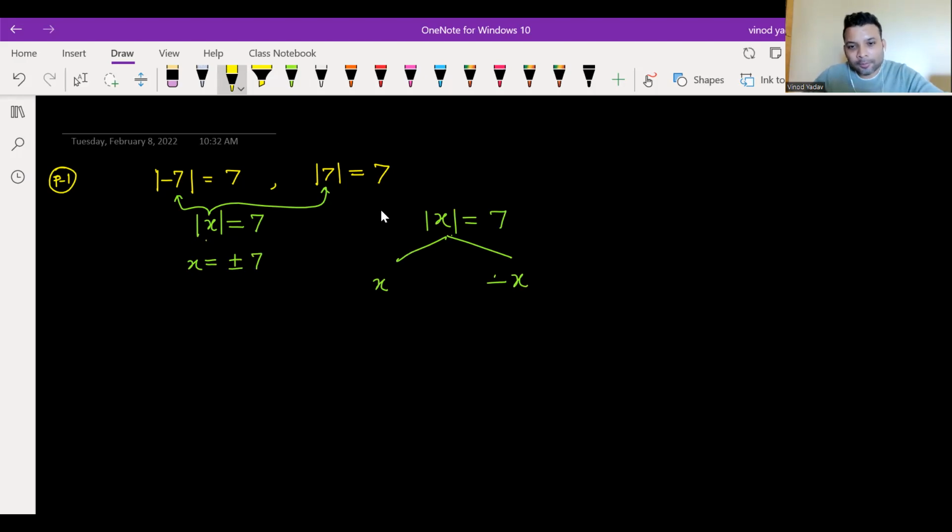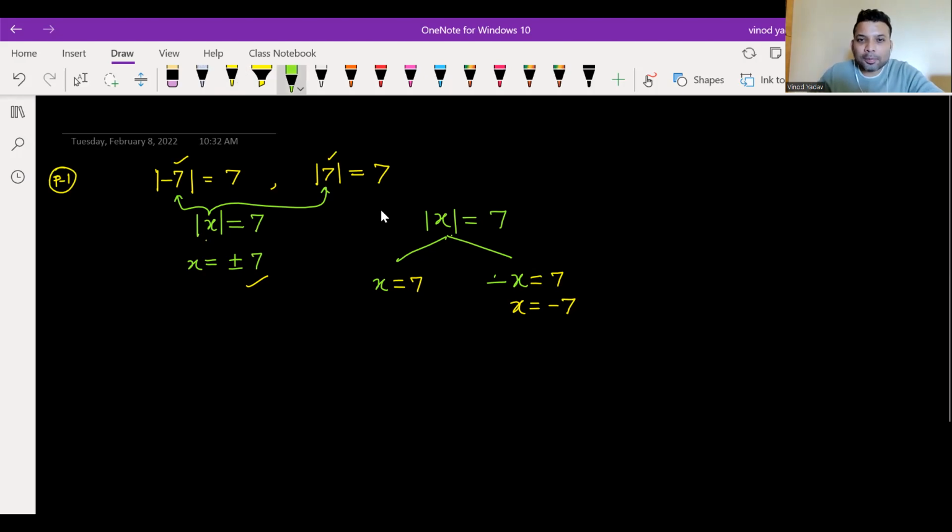So x is equal to 7 or minus x is equal to 7, and solving this we get x as -7. That is how you see x is equal to +7 or -7. If the outside value, that is the final outcome, is positive, that is 7, then inside you can have -7 or +7, right? So we expect to get two answers in case of modulus.